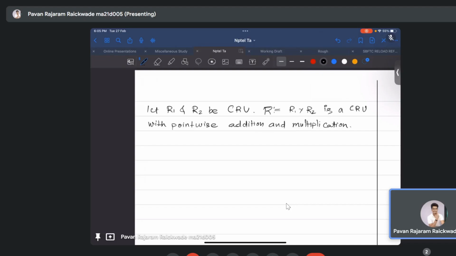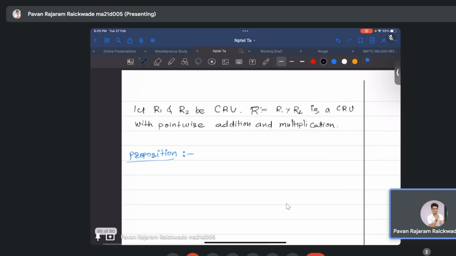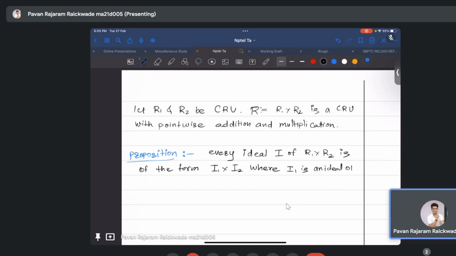So the proposition says: every ideal I of R1 cross R2 is of the form I1 cross I2, where I1 is an ideal of R1 and I2 is an ideal of R2.